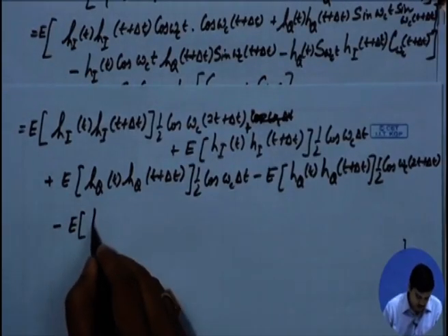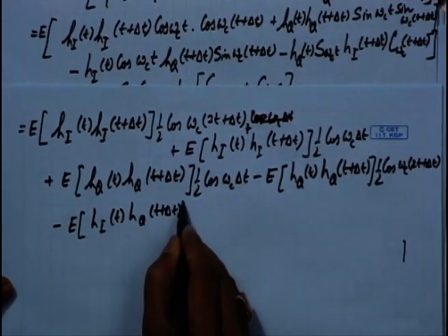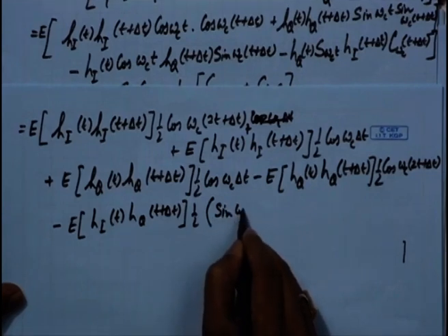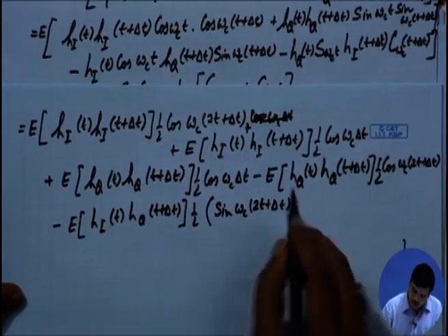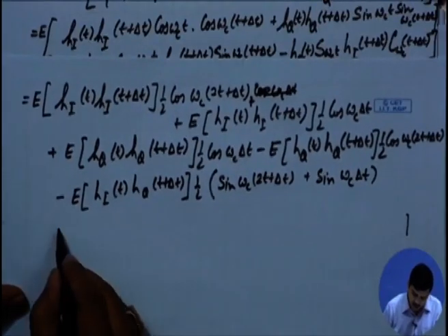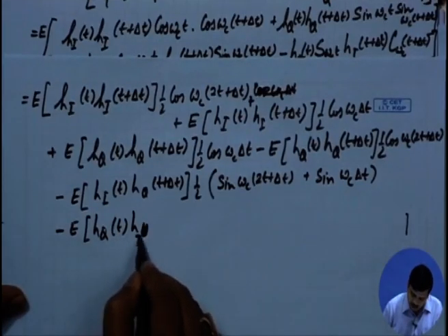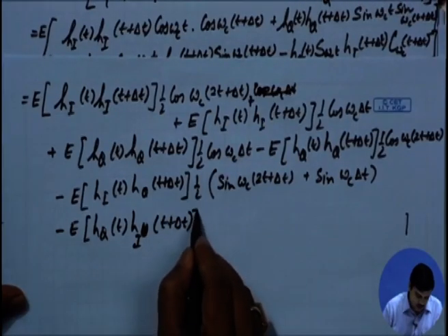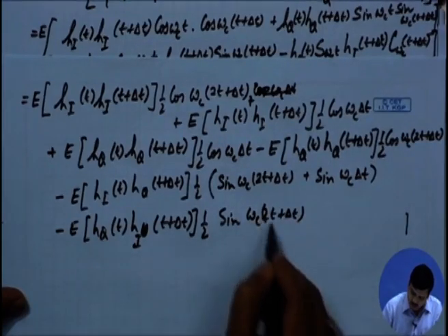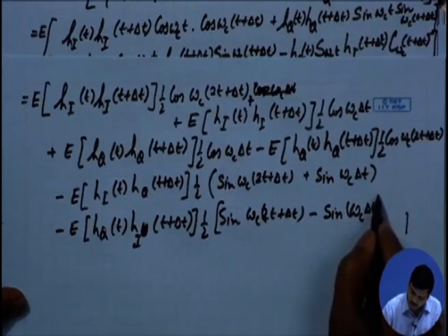So what we have is E of hi of t hq of t plus delta t, and we will write in short in this occasion, that is sine omega c 2t plus delta t plus sine omega c delta t, and the last expression again we will combine hq of t hi of t plus delta t half sine omega c 2t plus delta t minus sine of omega c delta t.